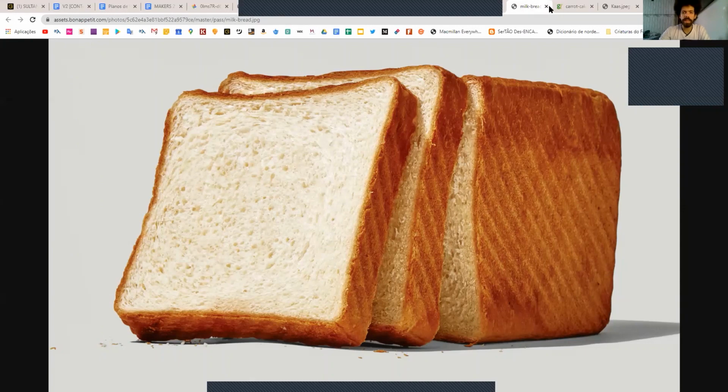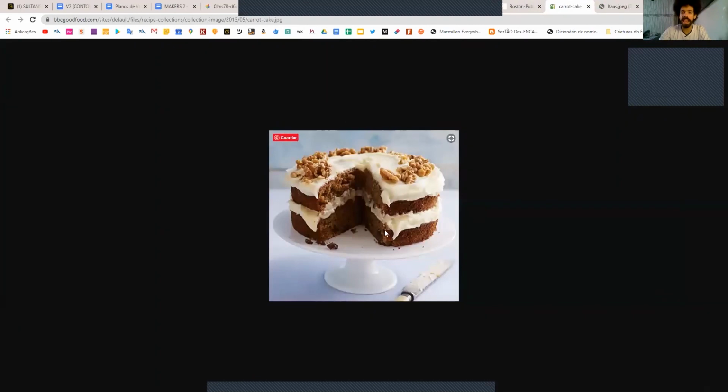The second example is cake. Cake is not countable. You cannot say I'm gonna eat 3 cakes, 4 cakes. In Portuguese, we don't count either, but you can say cakes. There is a plural for cake because the cake as a countable noun is the entire cake.